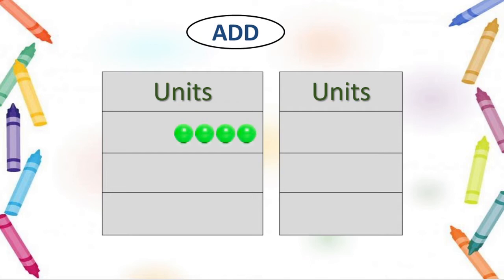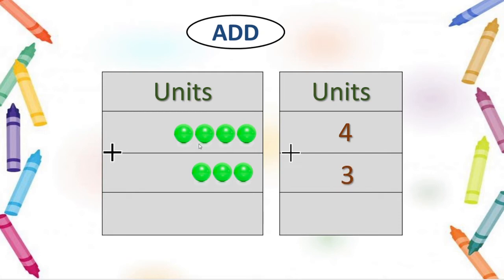Here we can see 1, 2, 3 and 4, means 4 balls we can see. Let us write here number 4. And here in the second we are going to add these balls to some more balls. That is 1, 2, 3. So let us write here 3.